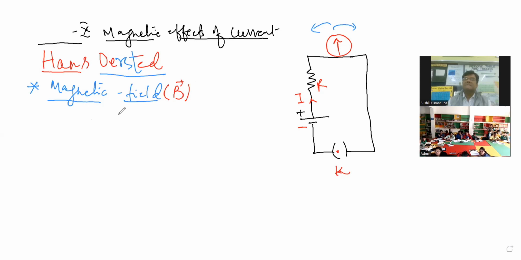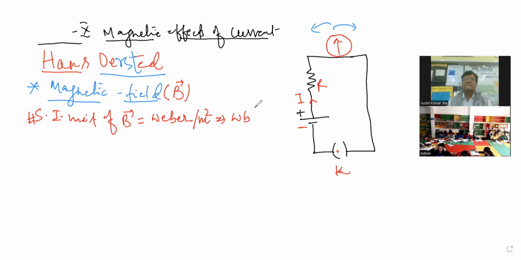Now the next step is its SI unit. When we write B vector, this represents magnetic field. The unit is Weber per meter square, or in short Wb per meter square.